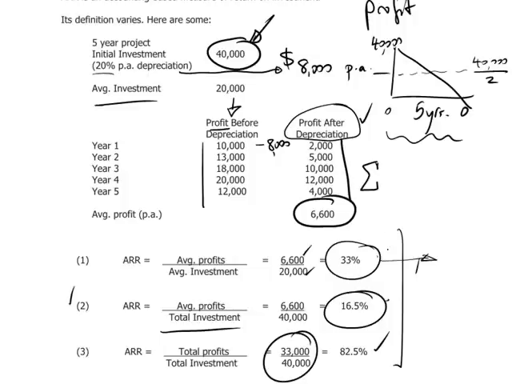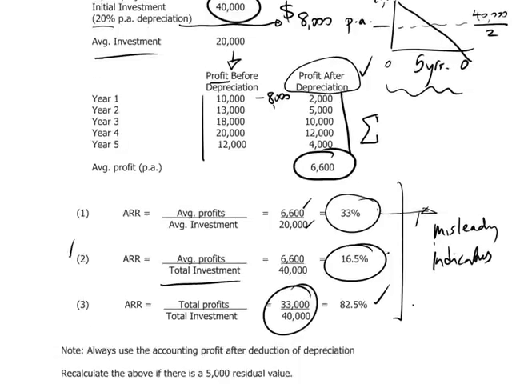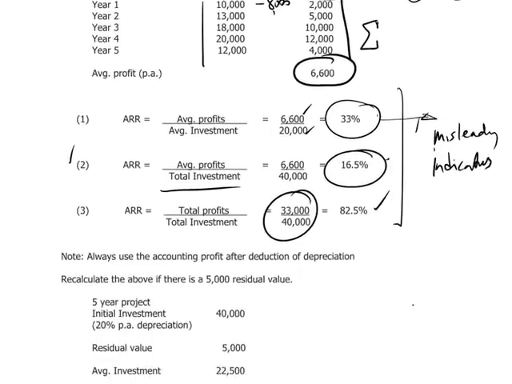One can see whether the trend of accounting-based rates of return is improving or worsening, but even then we have to be careful. They are misleading indicators, and the reason will be clear to us as we move into other ways of being able to measure investments.